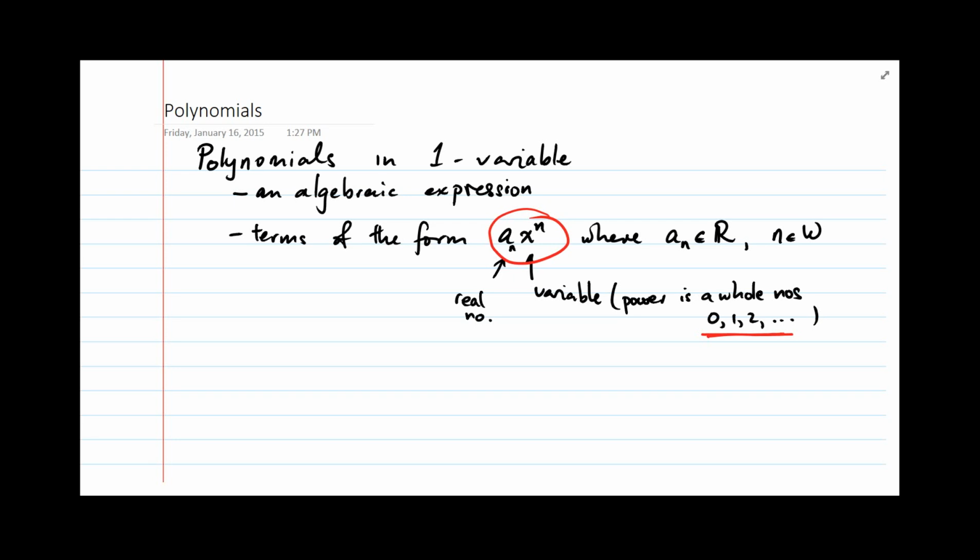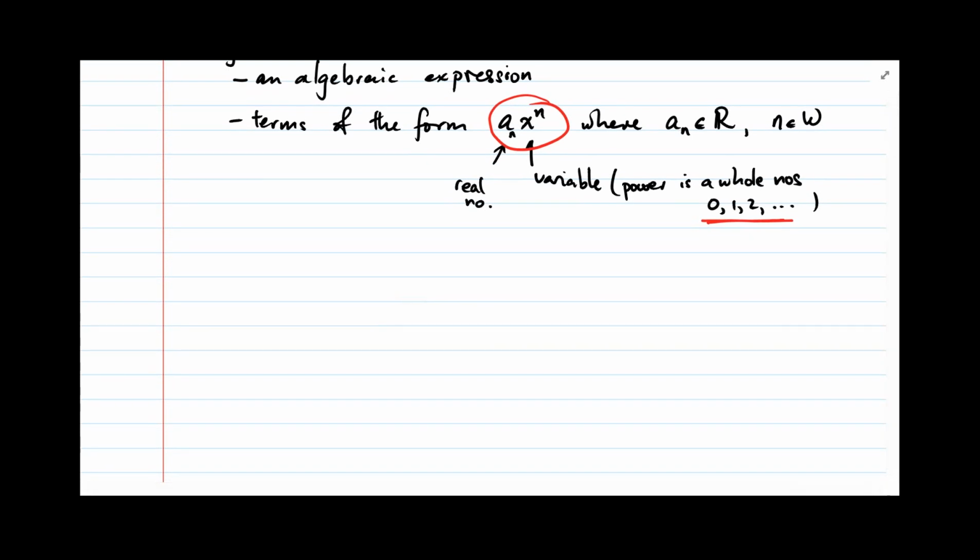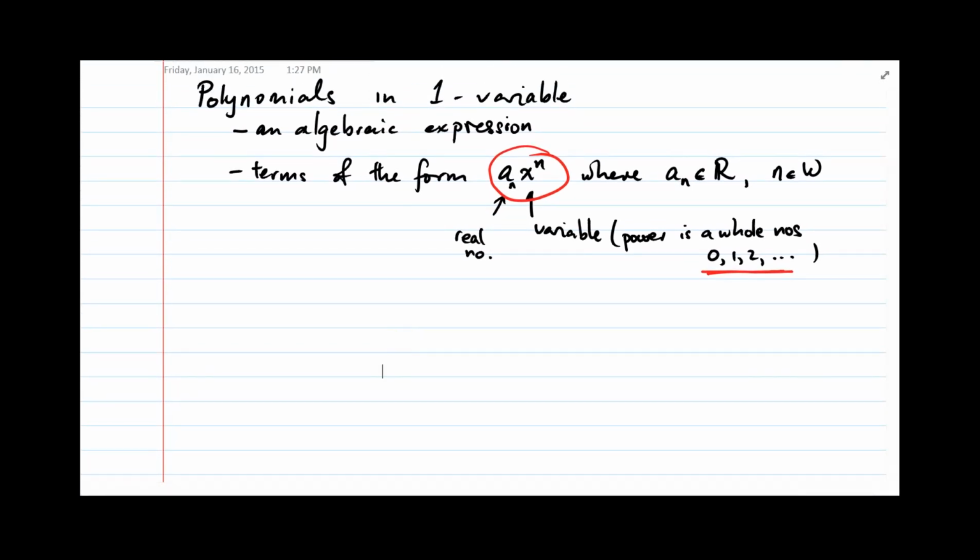Now there are some special names given to terms of this form. So if I have ax to the n, although we have the word power to describe the n, when we're talking about the term, this n will also be called the degree of the term.